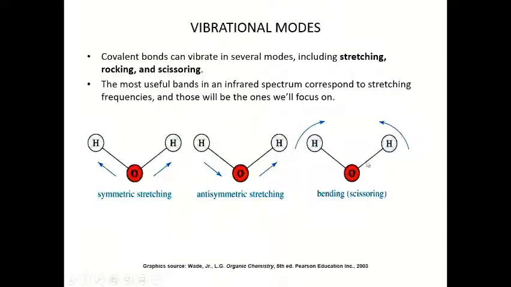When the length is constant, but the angle is changing, right? When these atoms, let's say that these atoms are moving symmetrically to an imaginary center that is with the center atom.